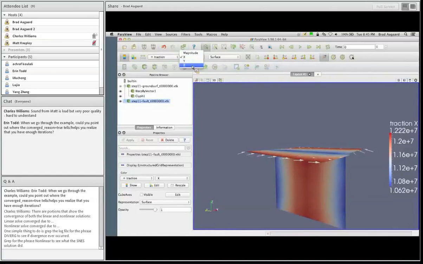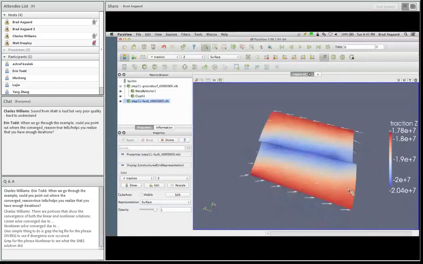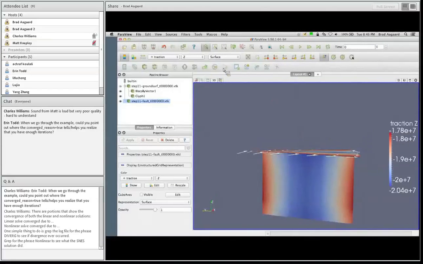If I change to tractions in the Z, so this is our compression, notice that the compression in the center of the fault is different than it is off to the sides. Because we're coming out to the free surface on the lateral edges, we tend to have lower tractions out there.